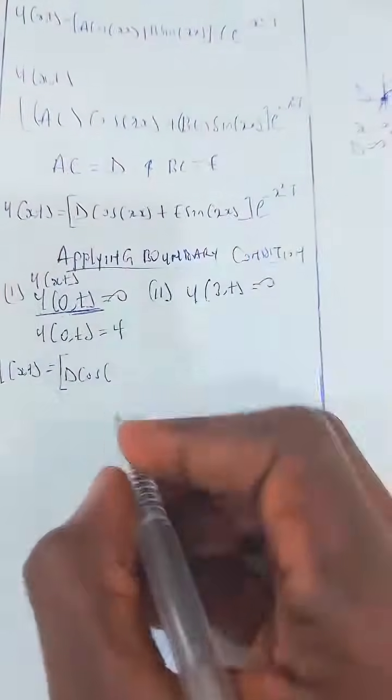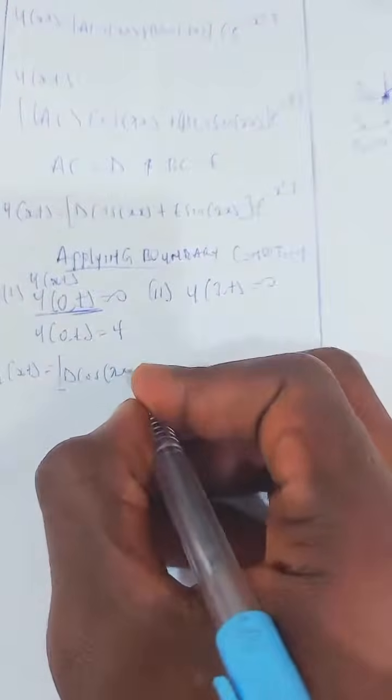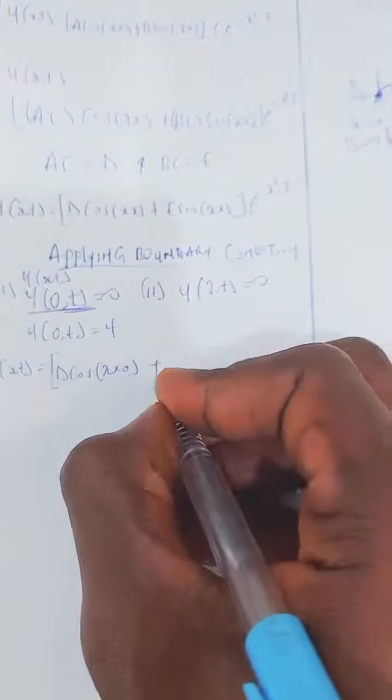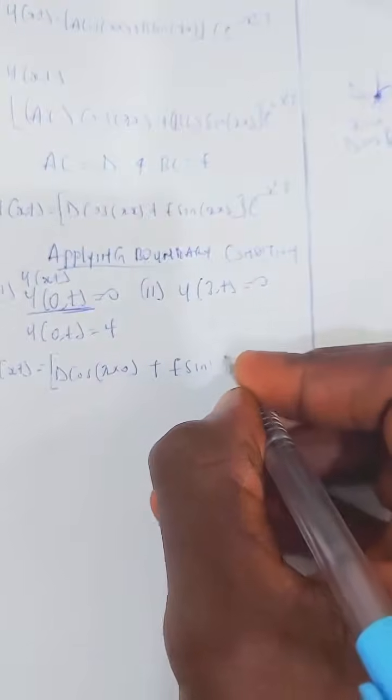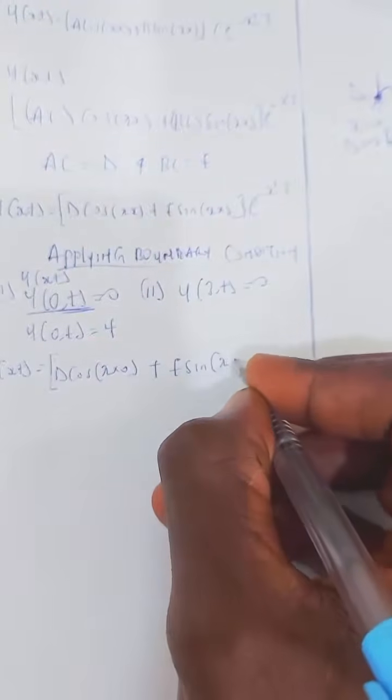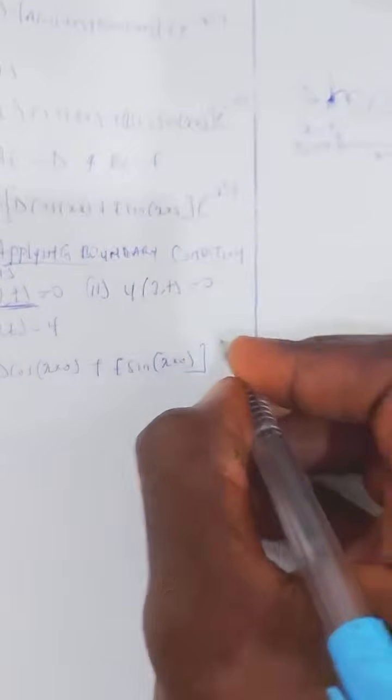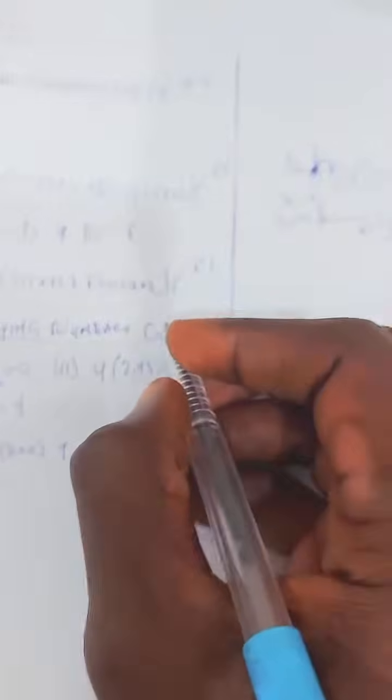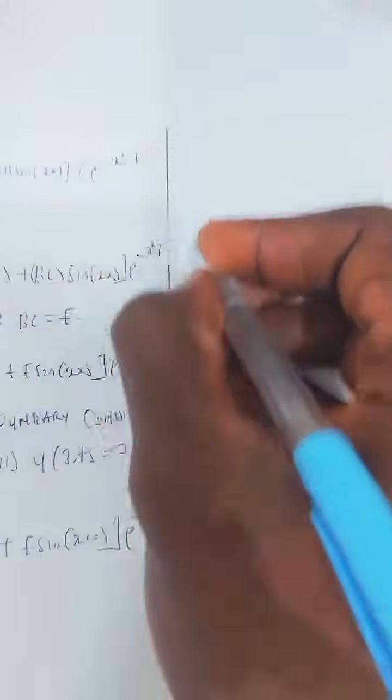So from here, I'm saying lambda multiplying 0 plus e sin(lambda multiplying 0), close the bracket, multiplying exponential negative lambda square t. Sorry, this is 2t. I'm having 2t.